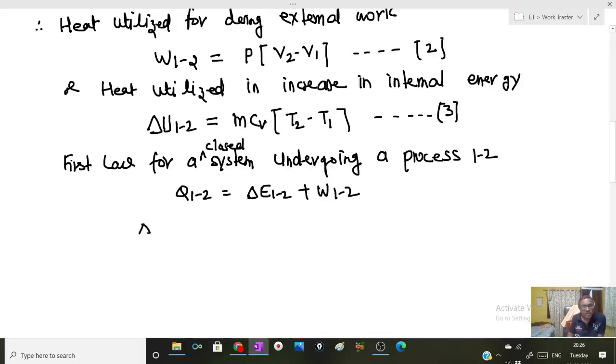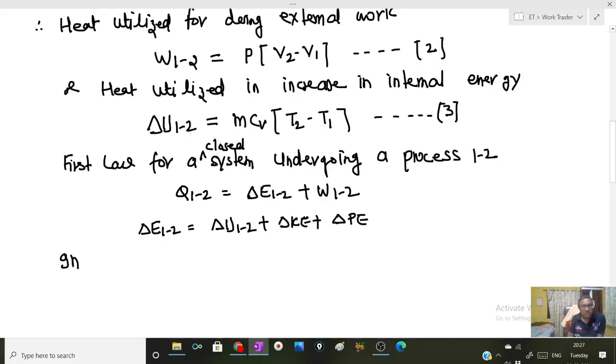Now change in total energy can be given as change of internal energy plus change of kinetic energy plus change of potential energy.